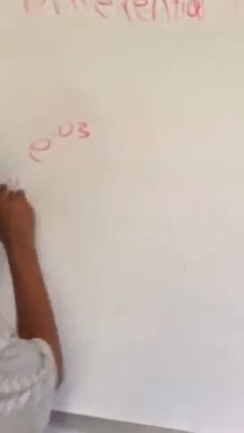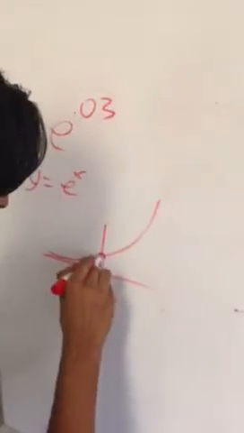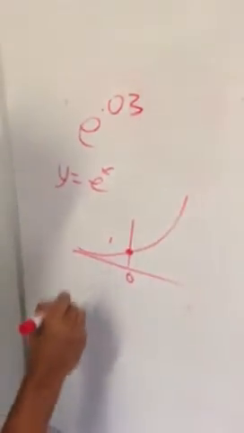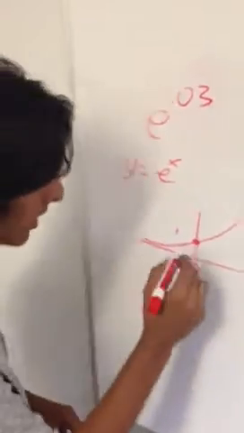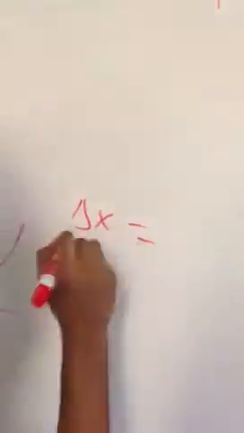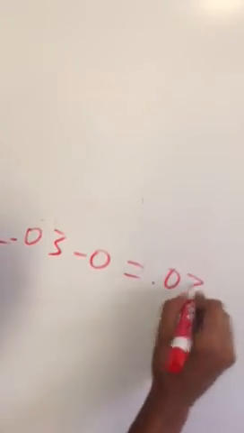So we have a function y equals e to the x. I'm going to go through this very quickly. We have this point here that's very familiar. When x is 0, y is 1. We want to find the value of this function when x is 0.03. So let's find delta x. Delta x in this case is 0.03 minus 0, which you should know is just 0.03.